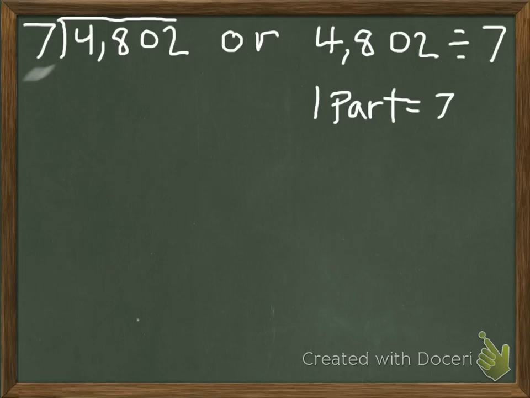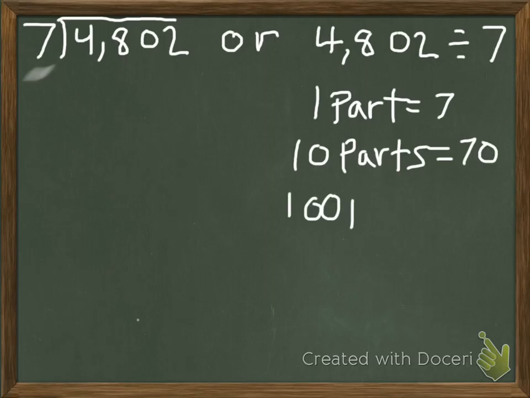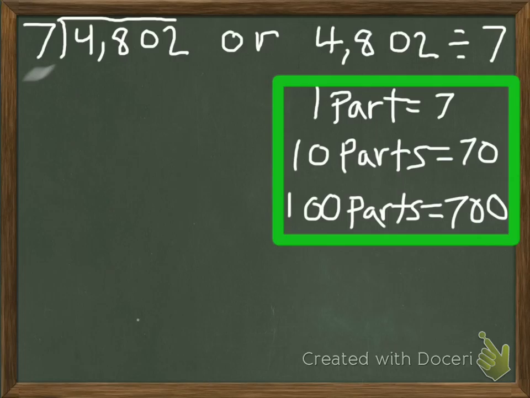So if I know one part is 7, I know 10 parts will be equal to 70. And I also know 100 parts will be equal to 700. And of course, 1,000 parts would be equal to 7,000, but our number is smaller than 7,000, so I'm not going to use the 1,000 parts.